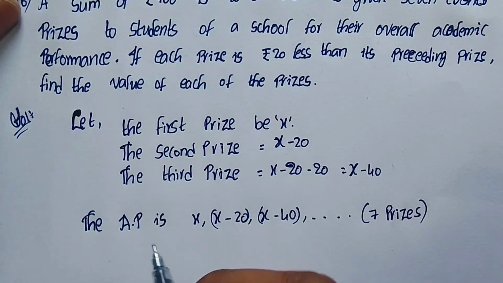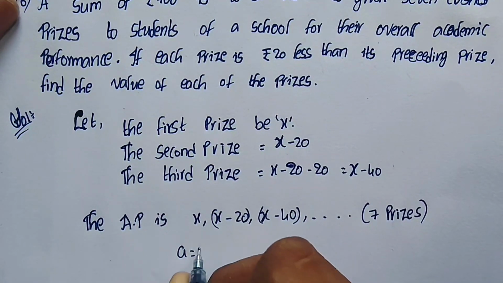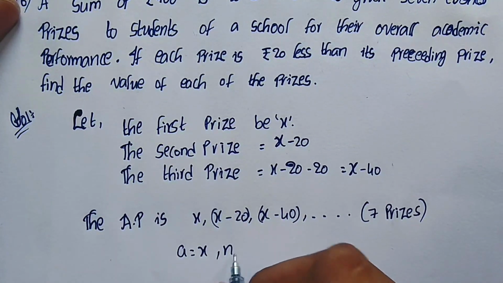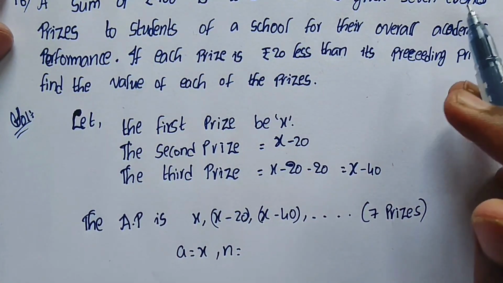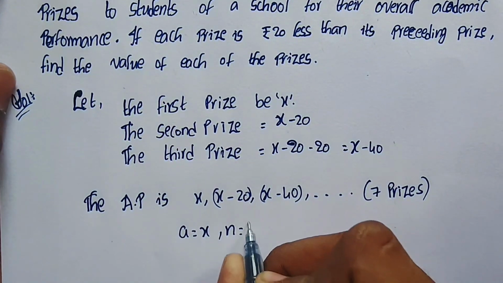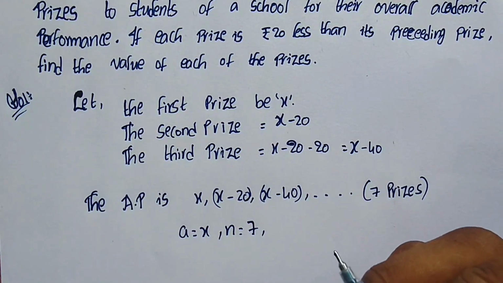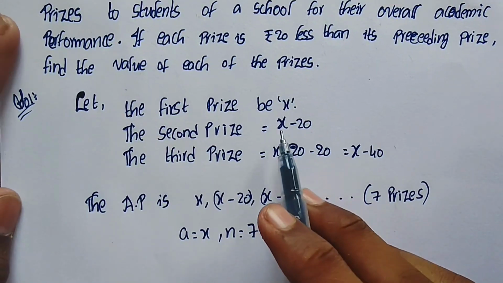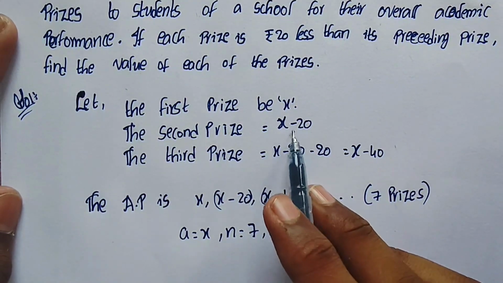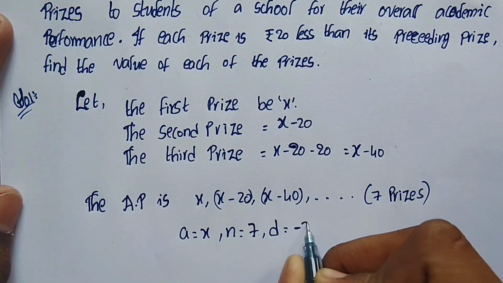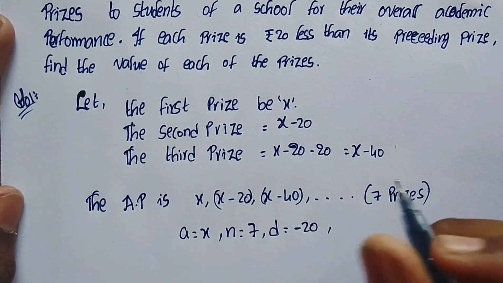So we know that the value of a is equal to x. The value of n means to how many members they are giving the prizes: 7 members. So the value of n will become 7. The value of d is how much we are decreasing for each prize: 20 rupees, so d will become minus 20.